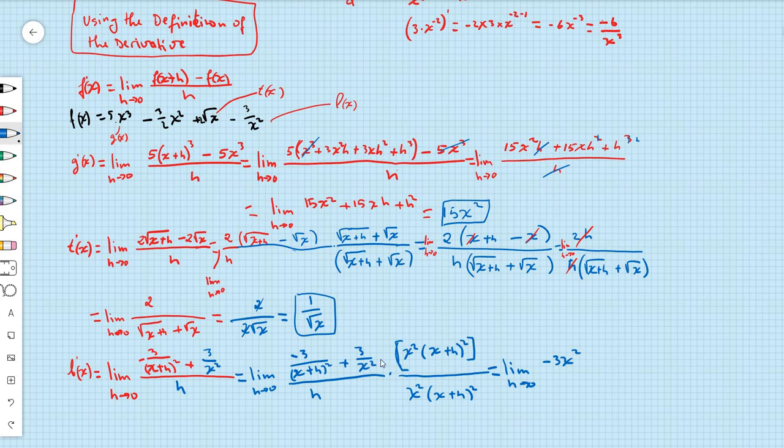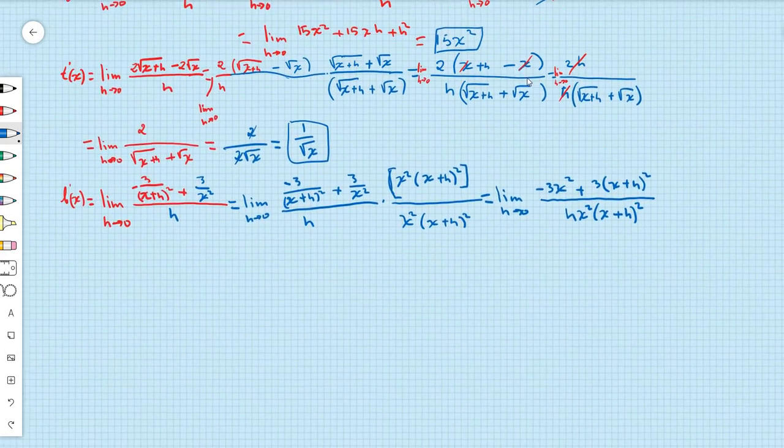Now the second term, if this multiplies this, the x squared will cancel out, so we'll be left with positive 3 times x plus h squared. And then our denominator will be left with h times x squared times x plus h squared, right?